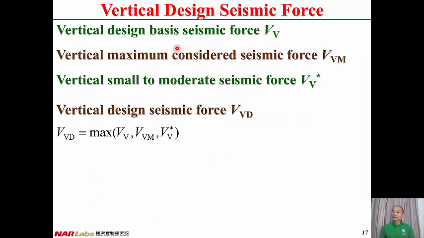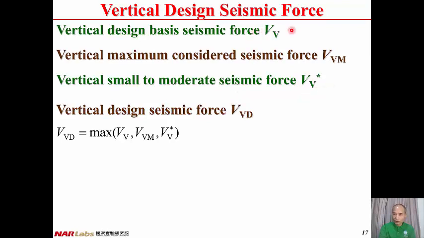Once we have the vertical design basis seismic force VV, following a similar procedure, we can determine the vertical maximum considered seismic force VVM and the vertical small to moderate seismic force VV star.